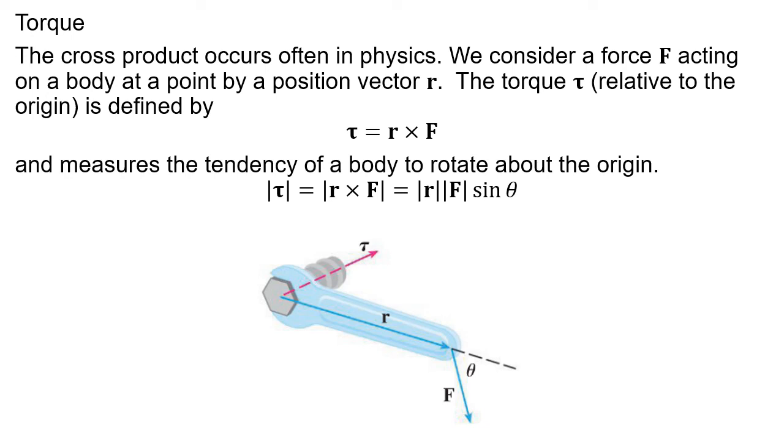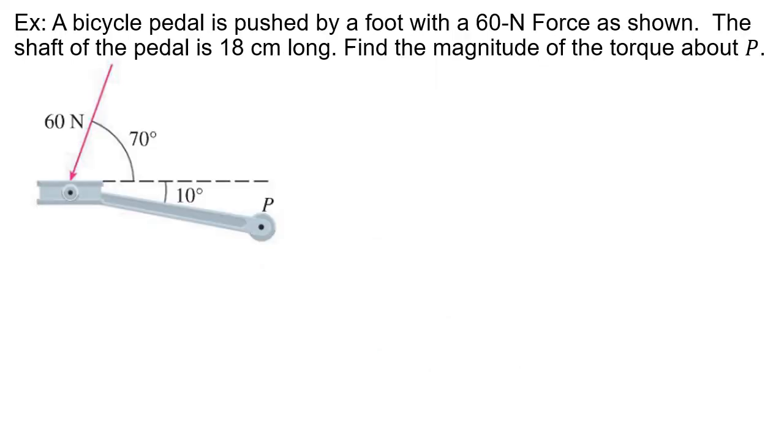And it measures the tendency of a body to rotate about the origin. So the classic picture when you do the right hand rule, for instance, is that your thumb is driving in the screw where your hand is rotating the wrench, kind of idea. And so I'm going to use this lower formula to come up with the next problem.